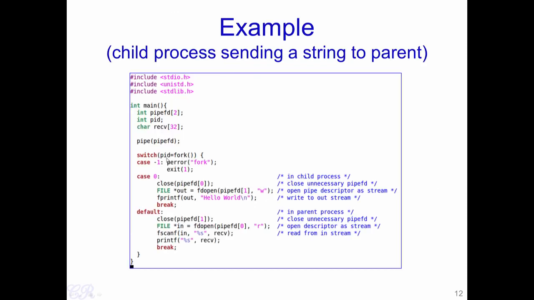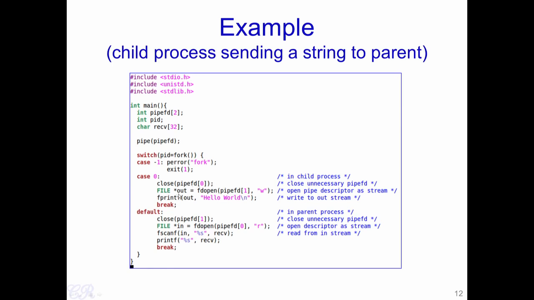Now, let us see what happens in the child process. In the child process, the value of PID returned by fork is 0, therefore, this particular code is executed. In this code, first we are closing the pipe FT0. This means that the file descriptor corresponding to the read pipe is closed.